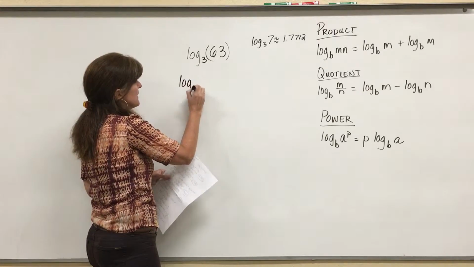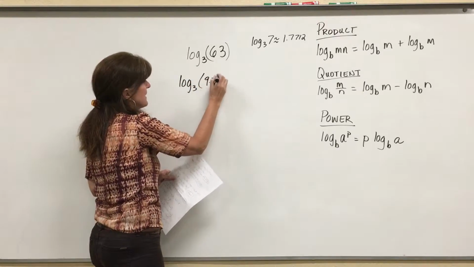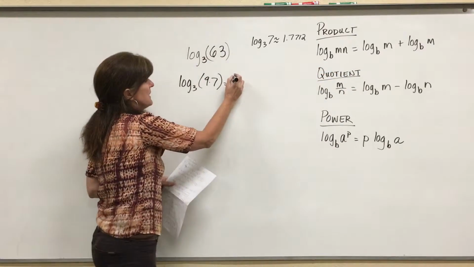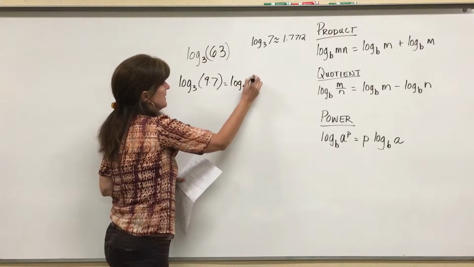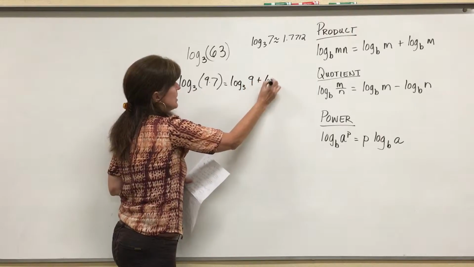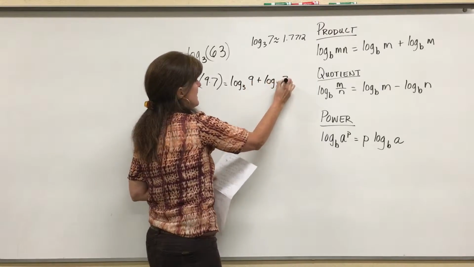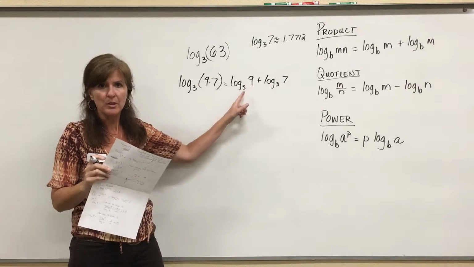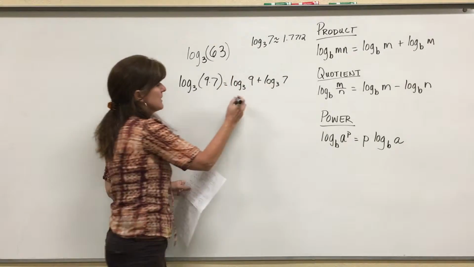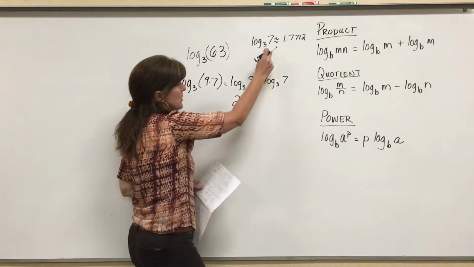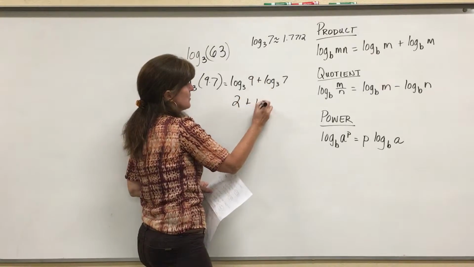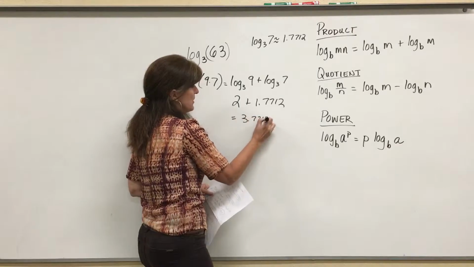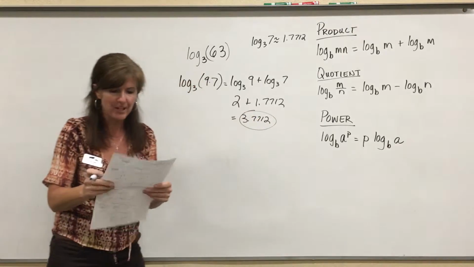So you have log base 3 of 9 times 7, and breaking this up would be log base 3 of 9 plus log base 3 of 7. We know the log base 3 of 9 is 2, because 3 to the second power is 9. And then this one is already given to us. So you get 3.7712. Easy enough, right?